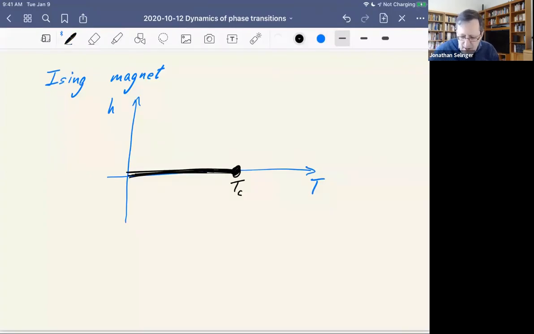So let's think about an experiment like this, okay? So suppose we begin at a point here, and we change the magnetic field to a point there. So we are, yes, just changing the sign of the magnetic field.